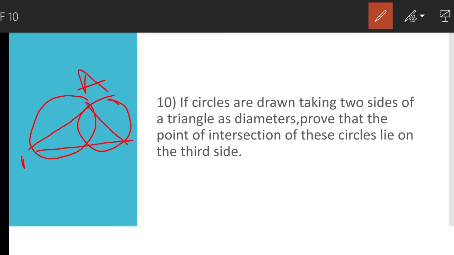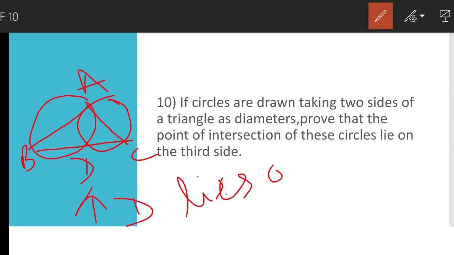This is A, B, C. Here AB and AC are the diameters. We have to show that the point D lies on BC.